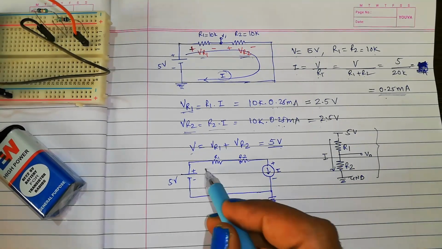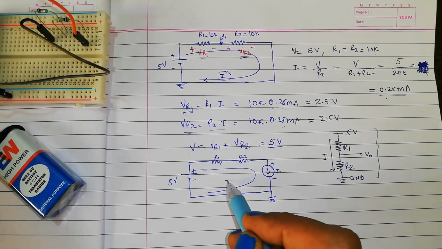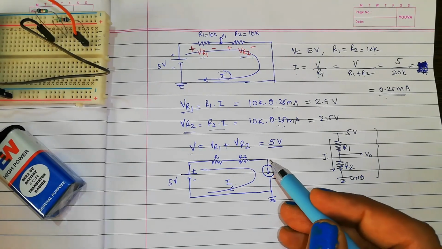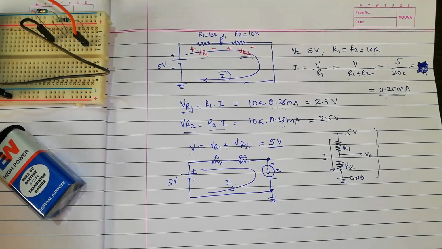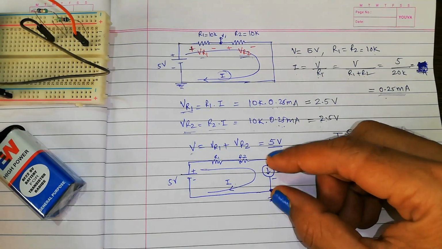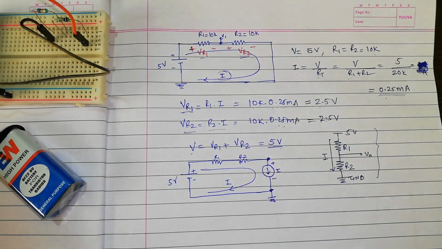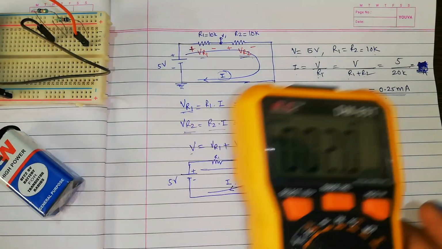Okay, and that's your current. So I need to break the loop and put a meter which will read the current. Across these 2 points, or somewhere here also, I can break the loop and put the meter.